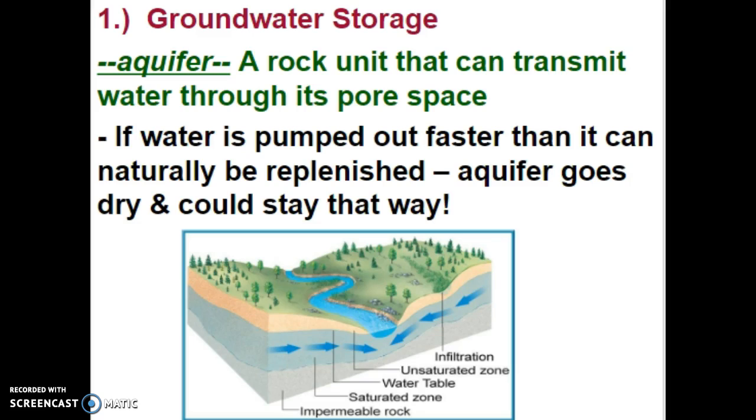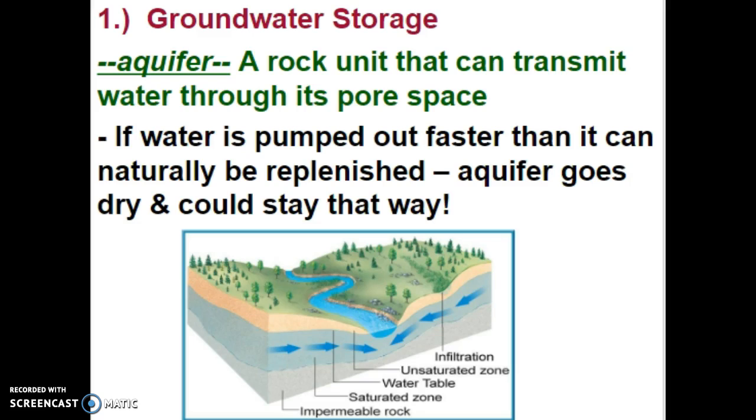The Earth has kind of little storage units for groundwater. We call them aquifers. An aquifer is a rock unit that can transmit water through its pore space. An aquifer does act a little bit like a filter. The aquifer can take out some of the impurities of the water as it infiltrates through the surface.